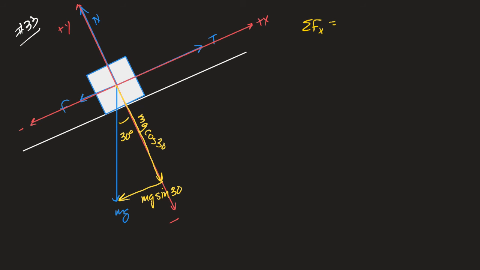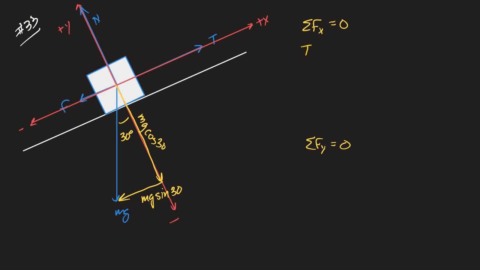The net force in the x direction equals 0 for part A, because it says that the box travels at a constant velocity. The net force in the y direction has always been 0. So let's break our forces down.